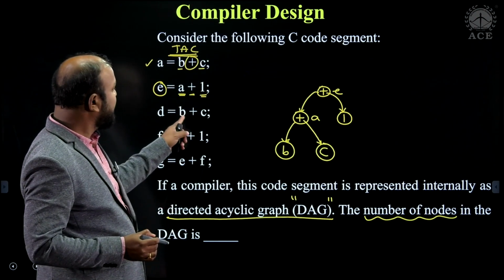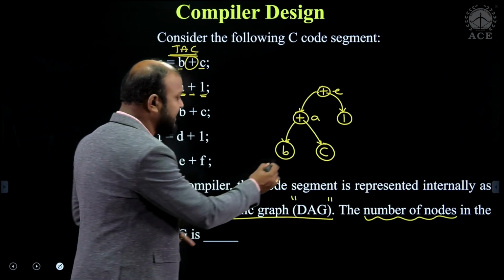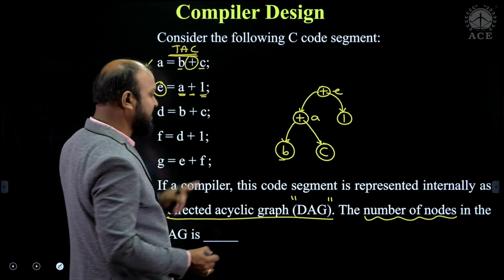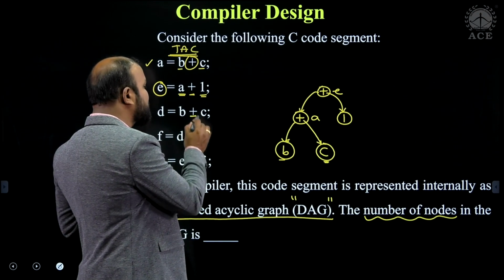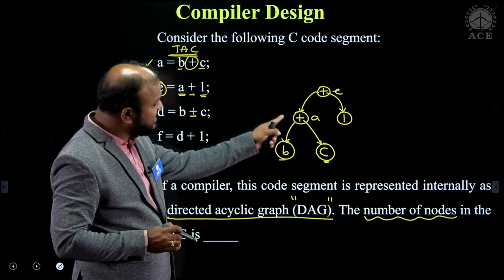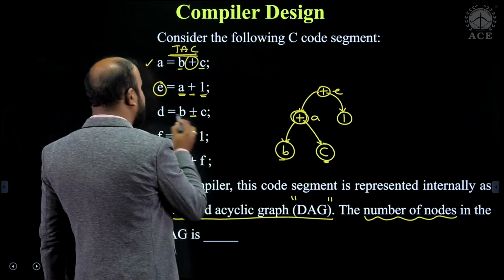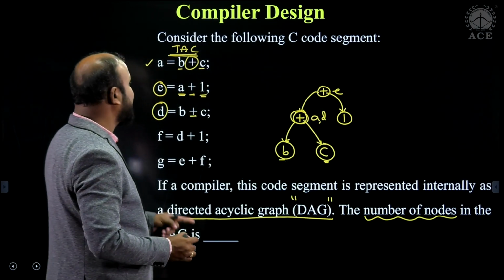Next, create a node B if it is not already there, but B is already there. Create a node C if not already there, but it is already there. Create a node plus whose 2 adjacent nodes are B and C, also there. Now name this node with the result D. What does it indicate?